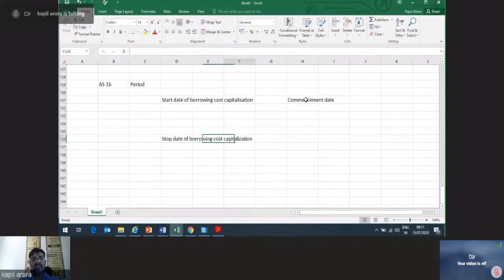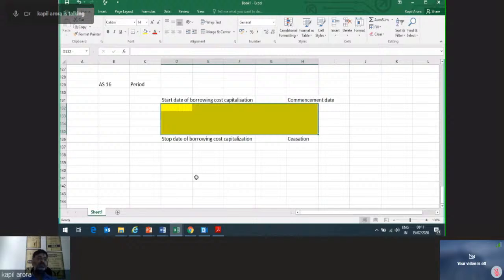The stop date is known as the date of cessation. Commencement is the beginning. Cessation is the end. The period between these two dates would be considered the period for borrowing cost capitalization.